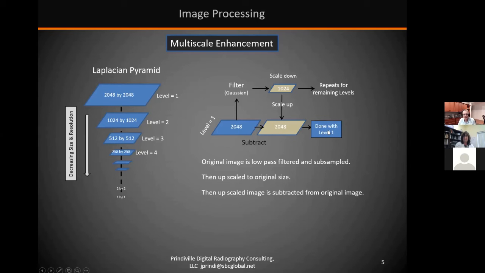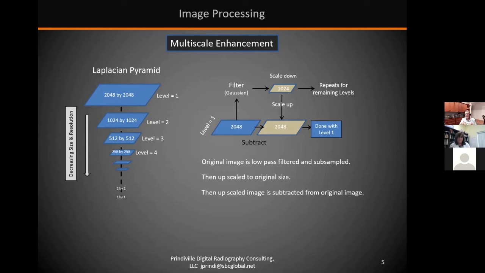So what does that subtracted image look like? What have I done? I've taken an image with a lot of sharp information in it. I blurred it, which means now I've got a blurry image. I'm going to scale it down, and it's going to get blurrier yet. And then I'm going to bring it back up, but I can't recover all that sharpness. It's going to be the same size as the original image, but it's going to be missing all the fine detail, all the cracks, all the edges.